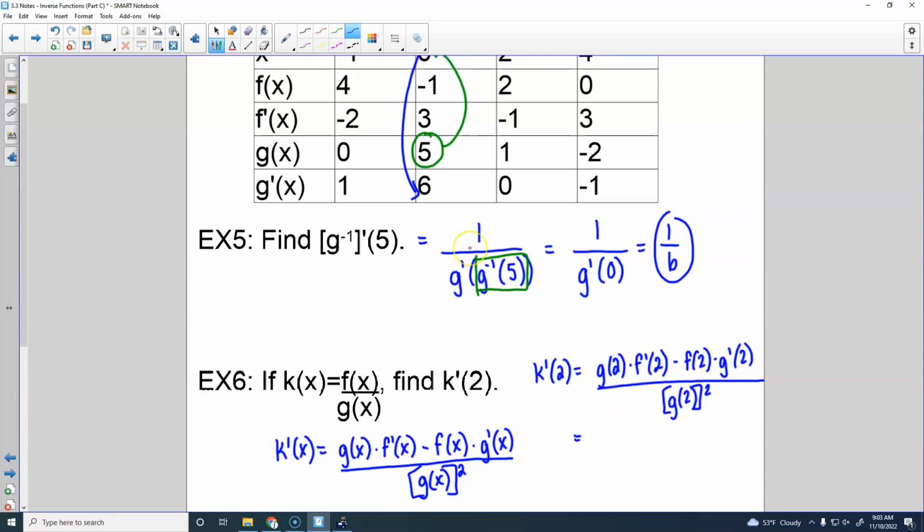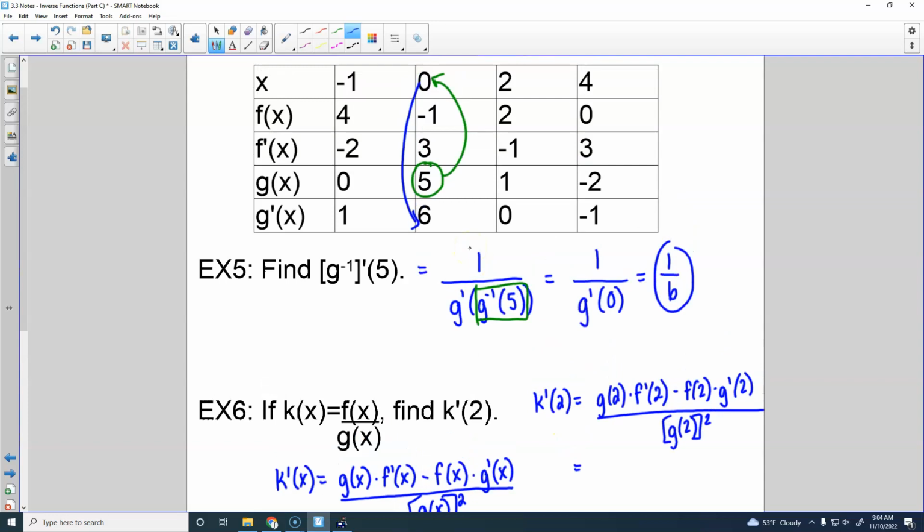And so if I were looking for this, I really would only be looking at this column right here because this is where my X coordinate is 2.